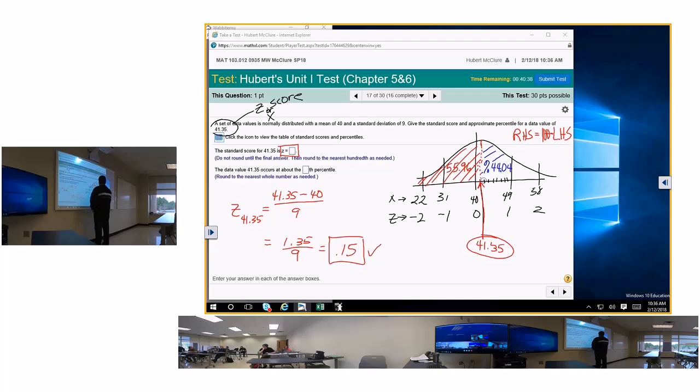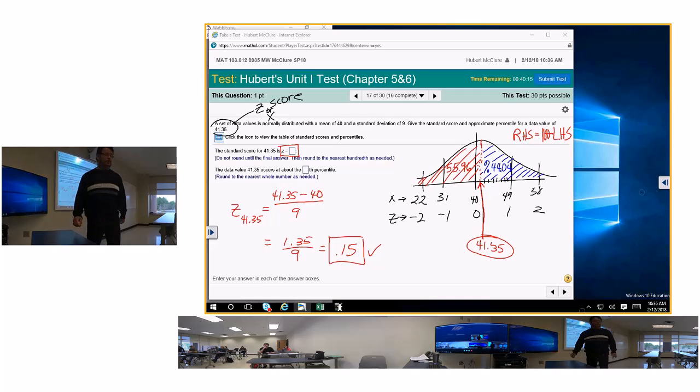Somebody take 100 and minus 55.96. What do you get? 44.04. Okay, so you need to learn how to do that, because they may ask you, what is the area above 41.35?